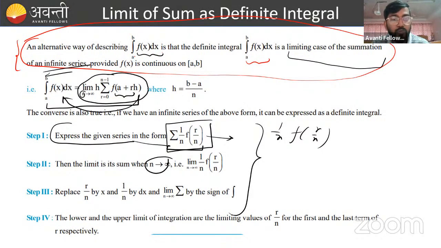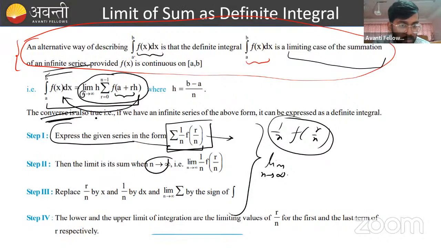We have to add limit n tending to infinity here, because we have already seen that we have to take an infinite number of rectangles. This series can be solved by definite integration. Here the converse is also true. This statement tells us to replace r by n with x. So these are the steps of solving the equation. r by n means x over here.